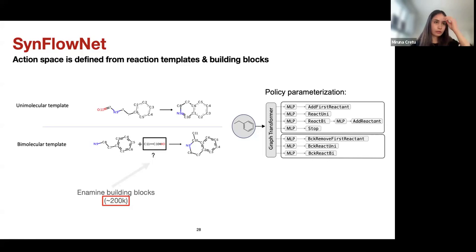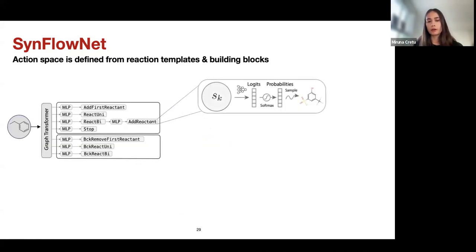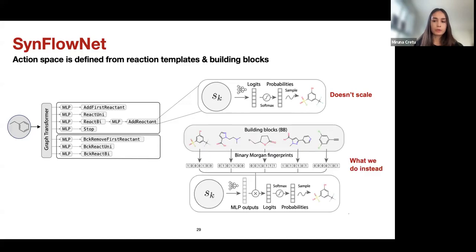And then we can easily think about how this can run into scaling issues, right? So we play around a little bit with the policy here, where instead of just doing naive sampling through softmax over the logits that the policy outputs, we realize that the action space from which we're sampling is organized in a chemically biased way, right?